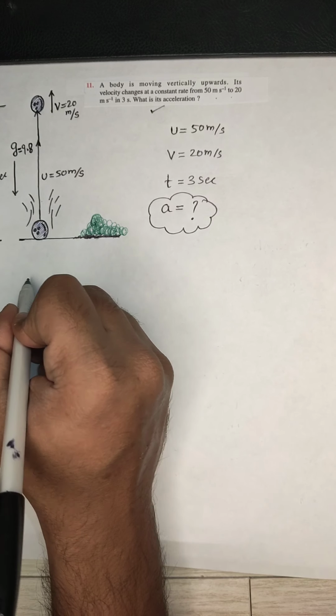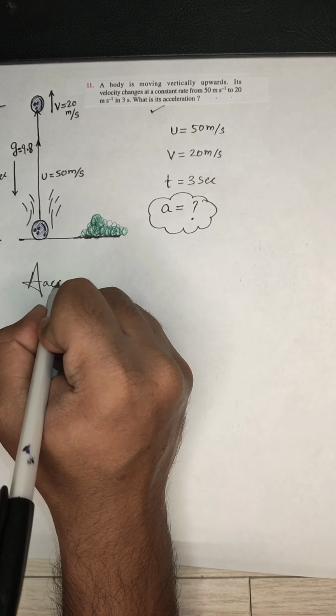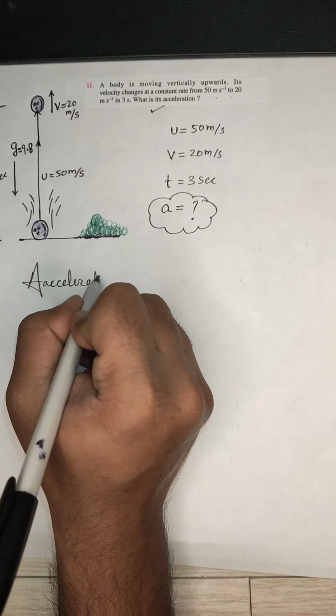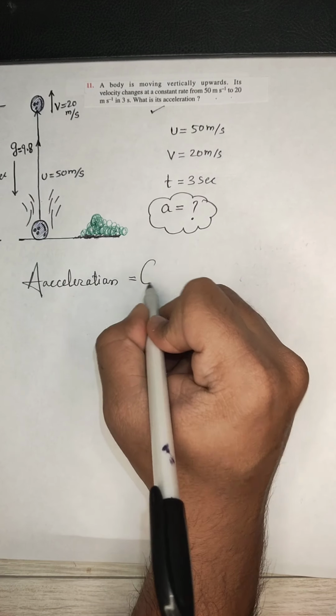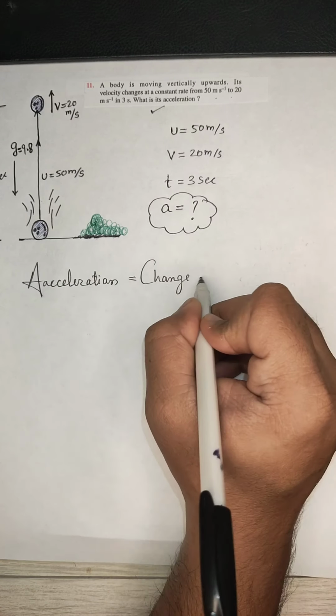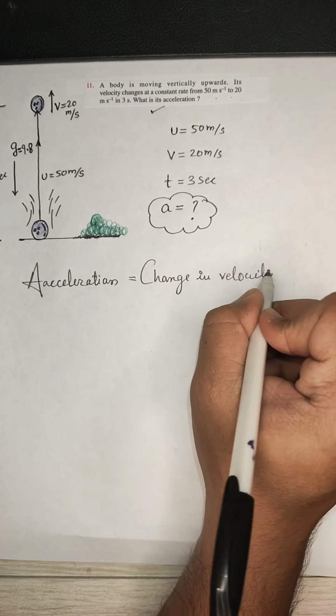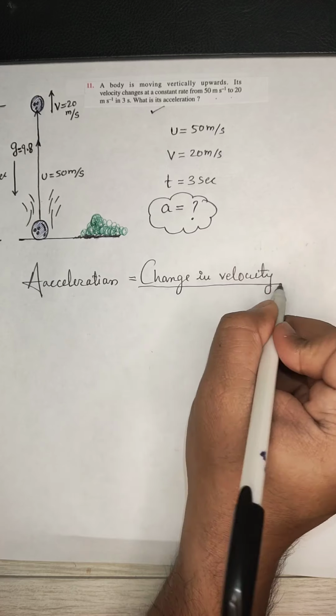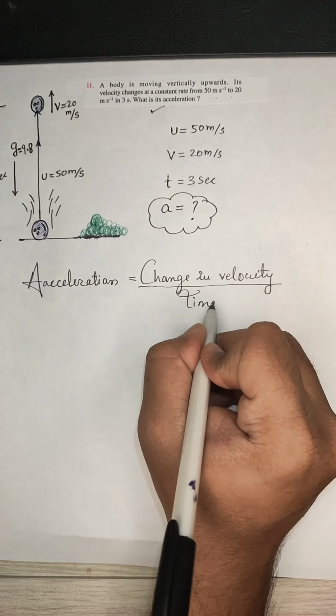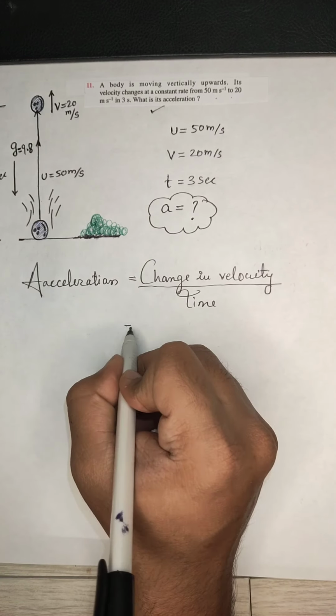Okay, we know that. What is acceleration? Acceleration is equal to what? Change in velocity divided by the time in which the change happens. Now what is change in velocity?